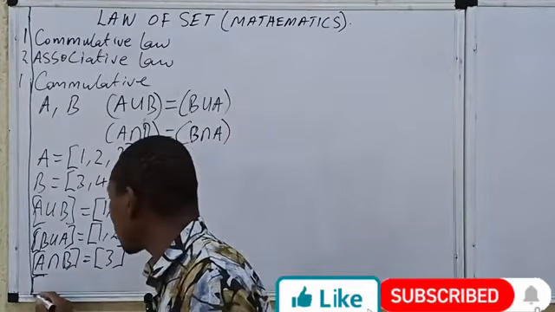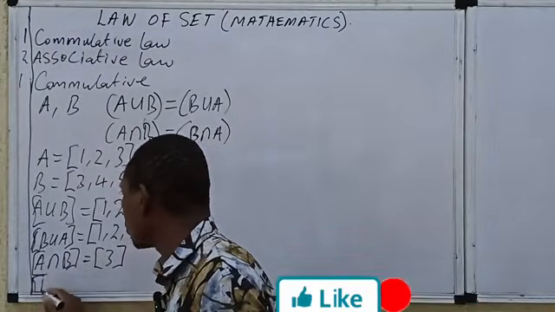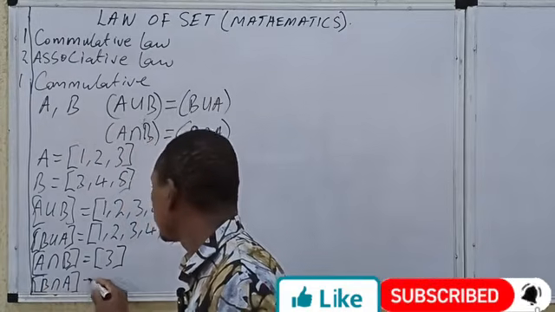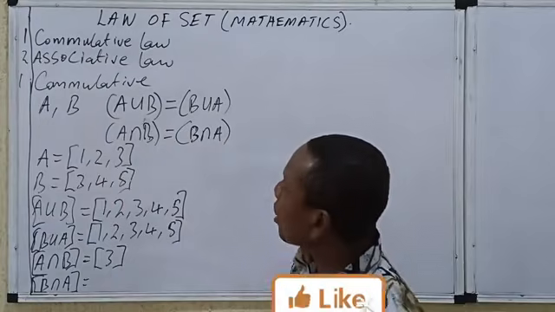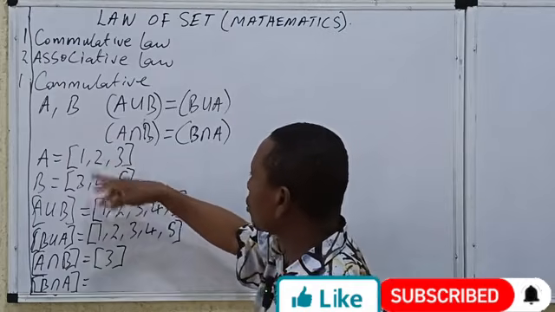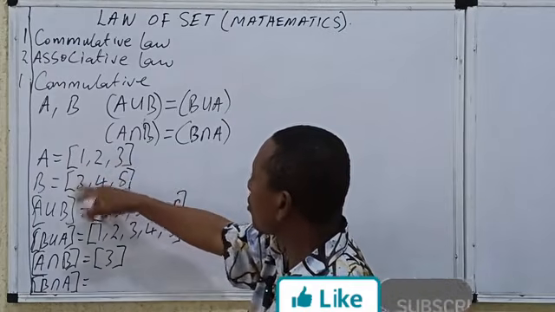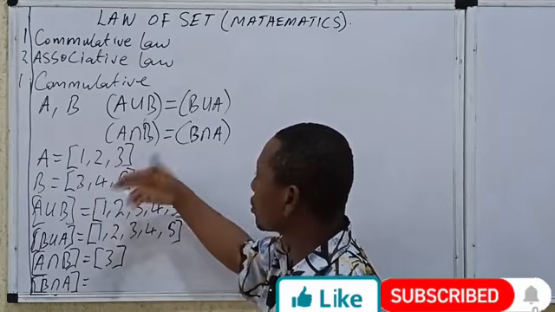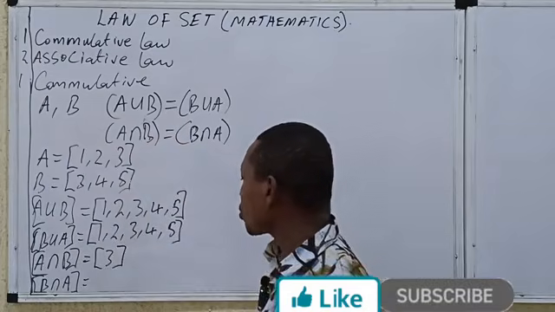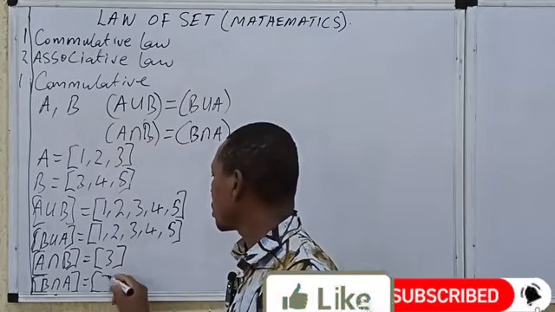Let's do B intersection A. If you want to do that, you have to still look for what is common in both B and A. Is 1 common to both? No. Is 2 common to both? No. Is 3 common to both? Yes. Is 4 common to both? No. Is 5? No. So it's also 3.